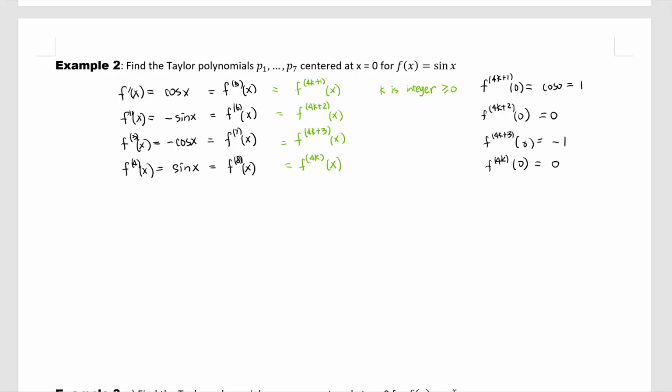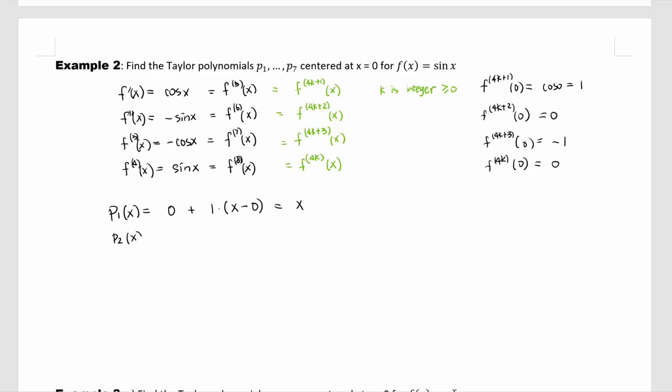So let's see. What's P1? P1 is f of a, so sine of 0, which is 0, plus f prime of a, which is 1, times x minus a. So the answer is x. That's P1.